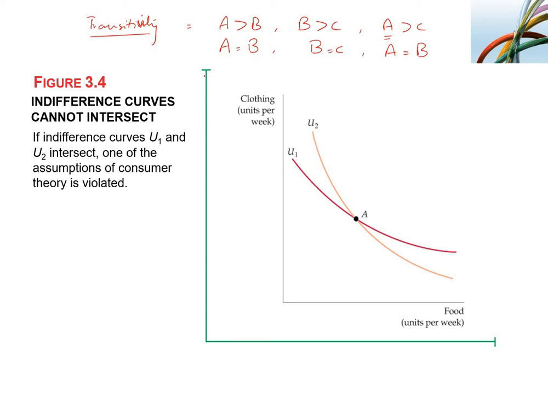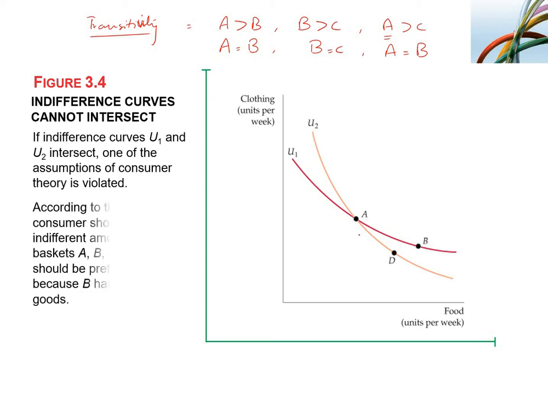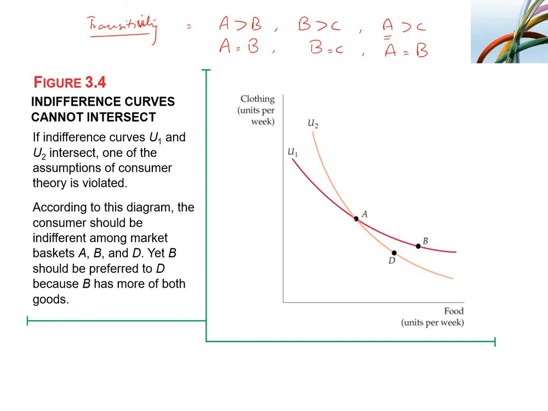You should recall this assumption and then discuss what the concept of indifference curve is and why indifference curves cannot intersect with each other. So here we have 2 points on this indifference curve: A here and B here.